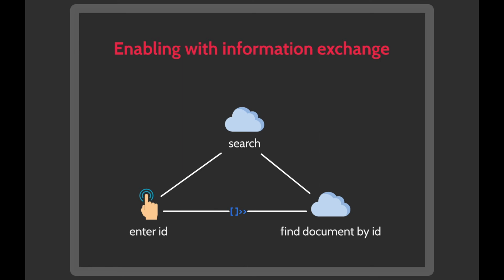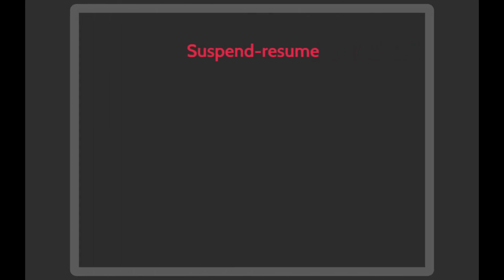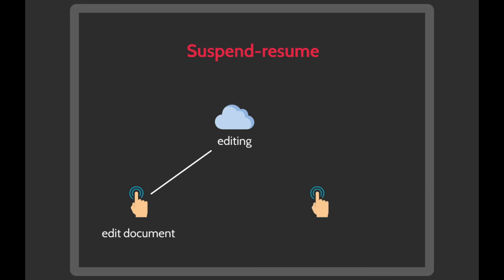Our next temporal relationship is suspend and resume. It's used when the first task can be interrupted by the second task, and when the second task is terminated, then the first task will be reactivated from the state reached before. Like for example, when we edit a document, it can be interrupted by using the help button.